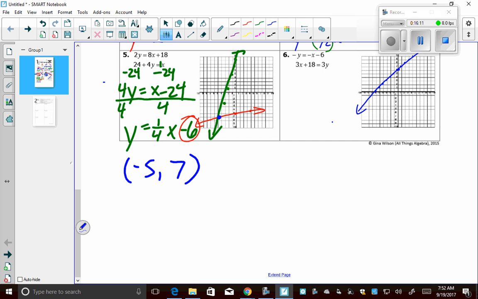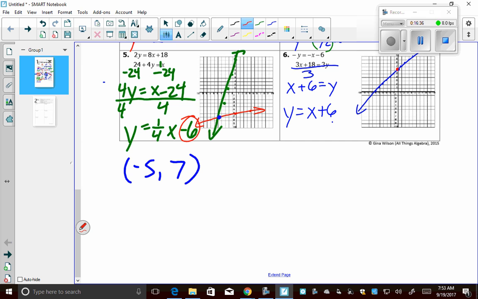The second equation, if I look, I can divide everything by 3. So I'm going to get x plus 6 is equal to y. If you want to, you can rewrite it as y equals x plus 6. It doesn't really matter. They both mean the same thing. So I'm going to start at 6. I'm going to use a different color.